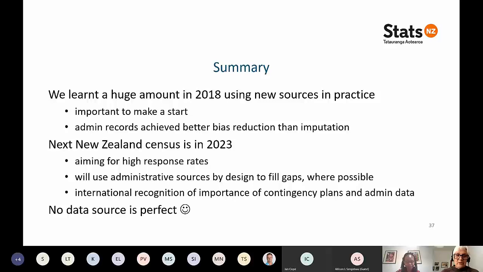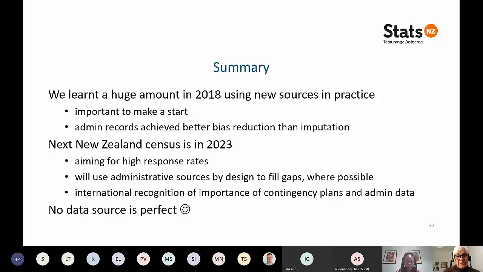The administrative records that we used in the 2018 census achieved a much better bias reduction than we could have got with the imputation methods that we'd used before. The admin data does pick up people who don't typically respond to the census. Maybe not everybody, but certainly some of them.